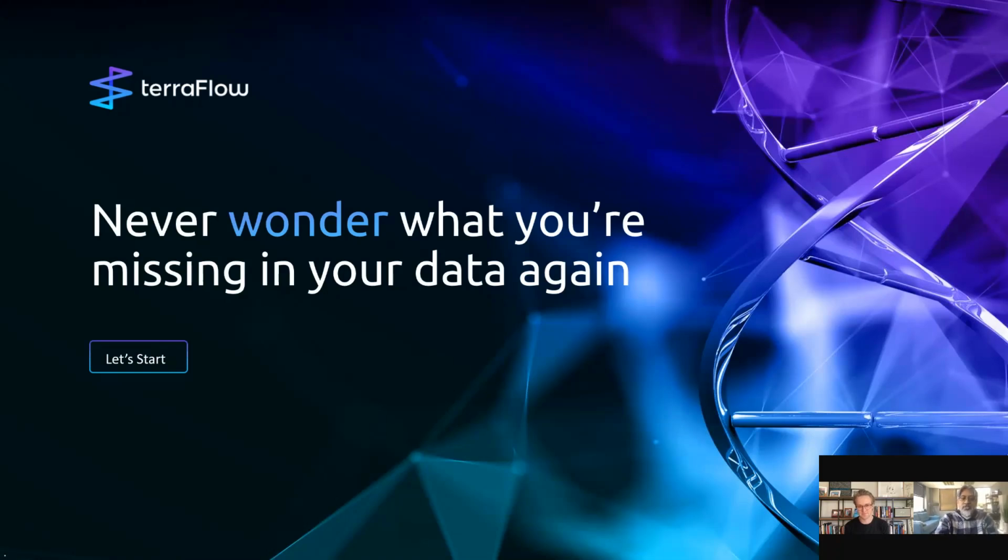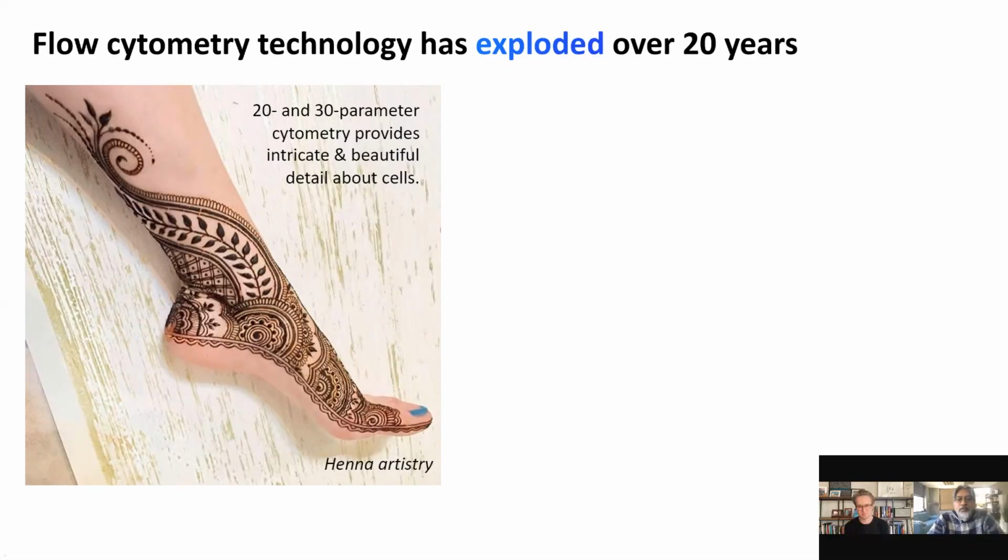So we'll get started with the presentation. Flow cytometry technology has really exploded over the last 20 years. We've been able to easily achieve 20 and 30 parameter flow cytometry panels, and for that matter, mass cytometry and other types of cytometry panels. And the instrumentation, the reagents, the hardware is just beautiful.